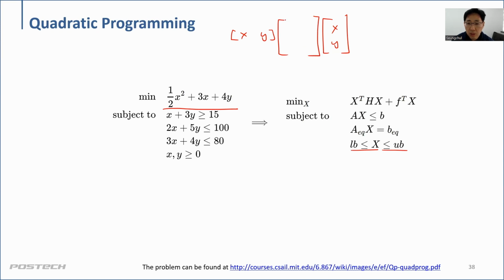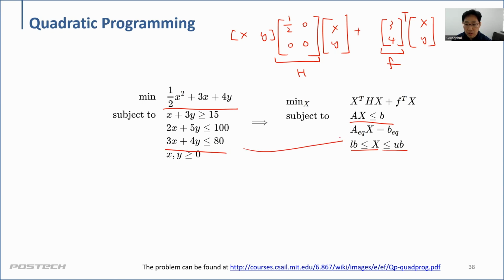What will be, I guess, let me see, and zeros, plus, I would say, is that correct? This is H, this is F. What about this? Let me show you.